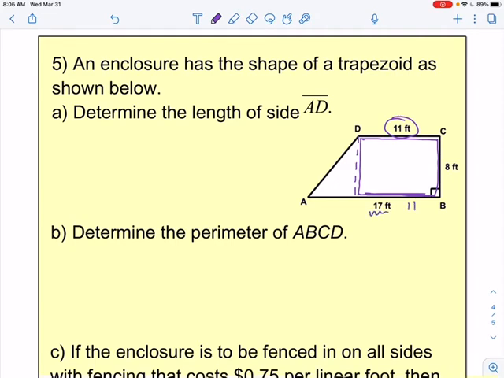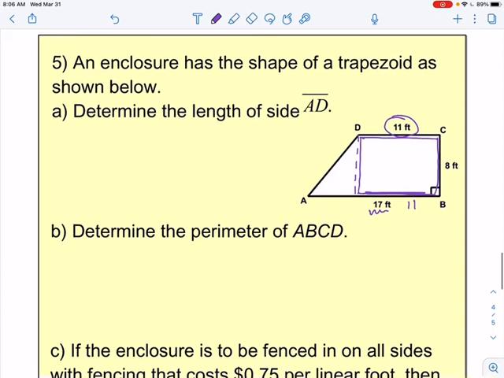But if the whole length of AB is 17, and I subtract out the 11 that I used for the rectangle, that's going to leave me with 6 for the piece of that triangle. And if this is a rectangle and this side is 8, that means this altitude over here is also 8.